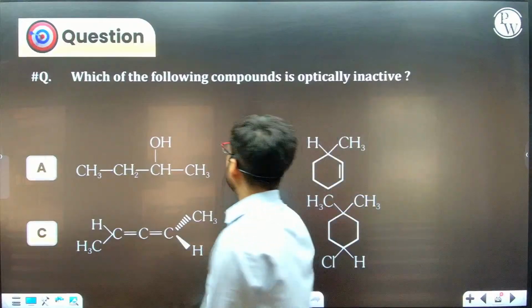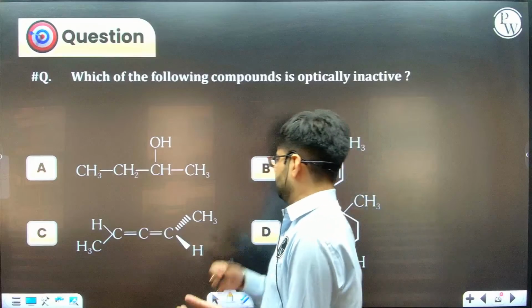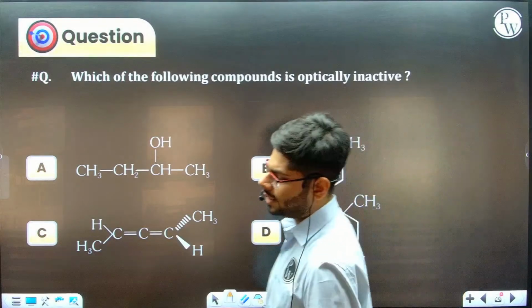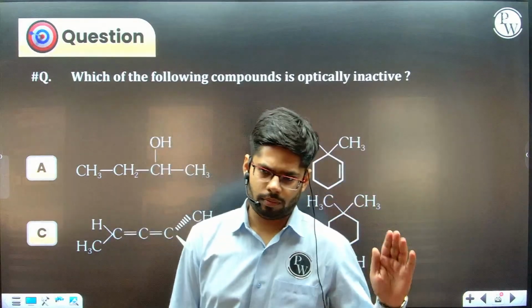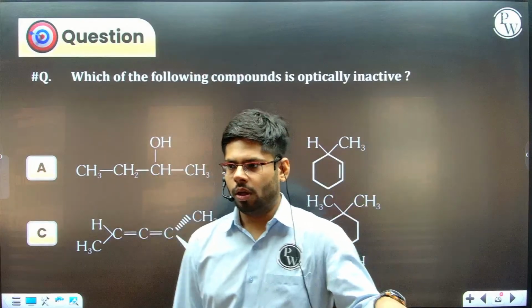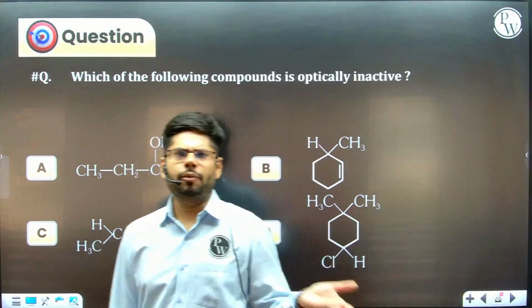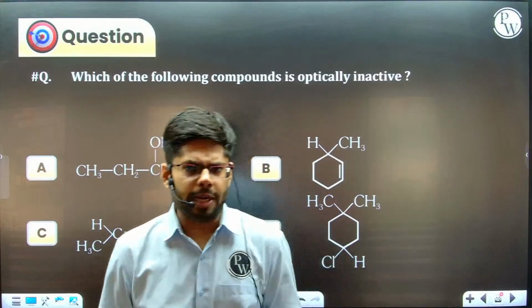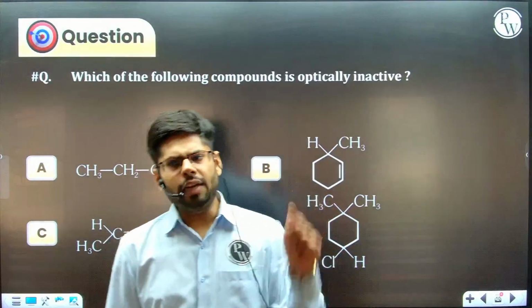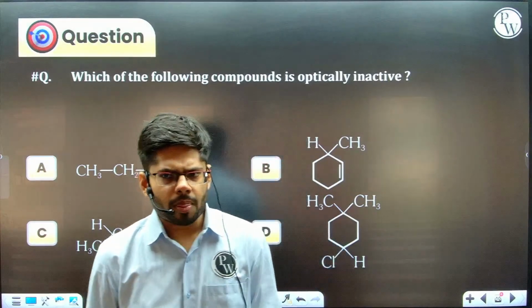Next question. Which of the following compounds is optically inactive? Okay. Fine. Which of the following is optically inactive? Now, if there is no chiral carbon, and also if there is no special system like an allene, or a system which has capability of showing optical isomerism, or any ortho substituted biphenyl, then we'll say that the molecule is optically inactive.